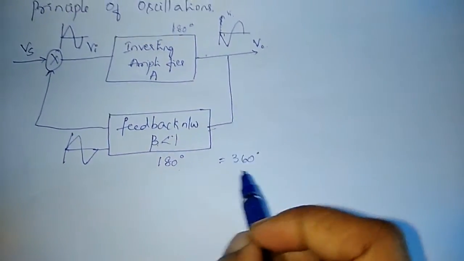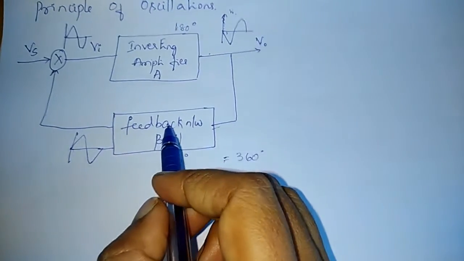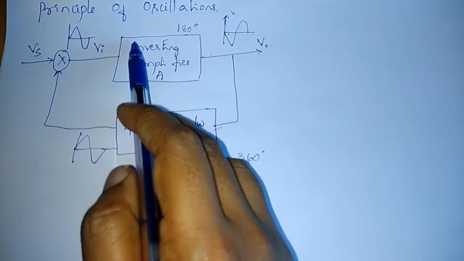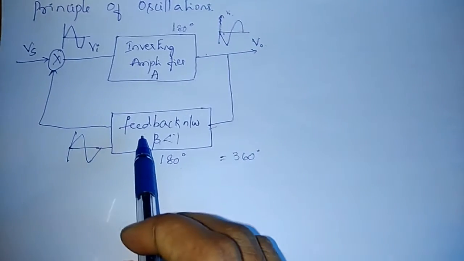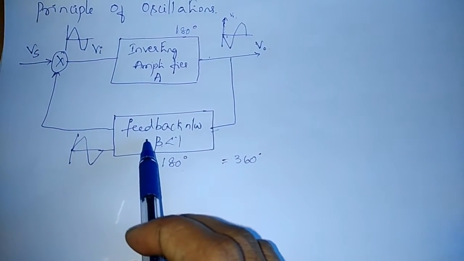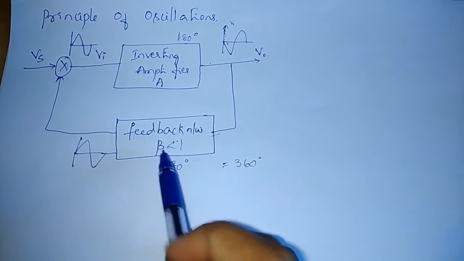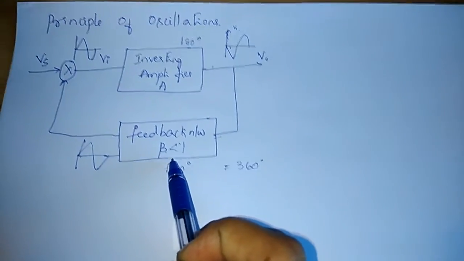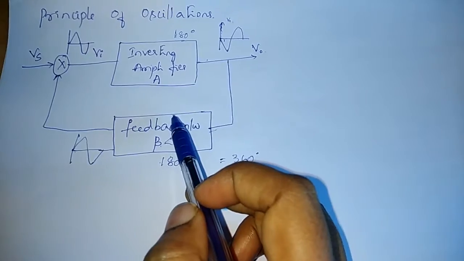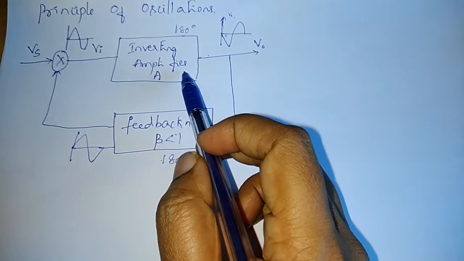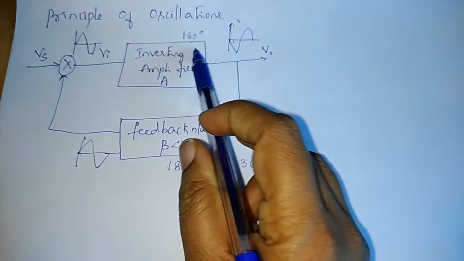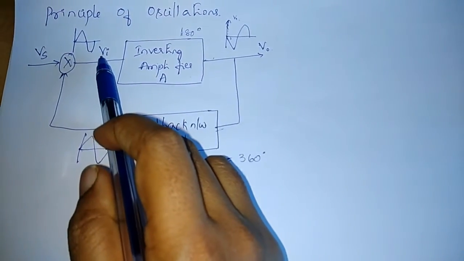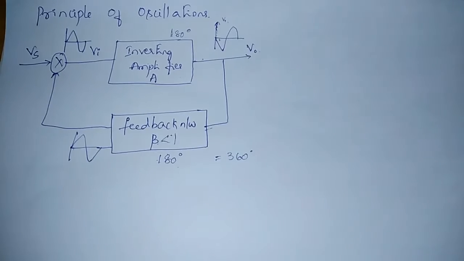I'll explain this again. Let me consider a basic inverting amplifier with an open loop gain A and a feedback network with the attenuation factor or feedback factor beta less than 1, as shown in the figure. The basic amplifier is inverting. It produces a phase shift of 180 degrees between the input and the output.